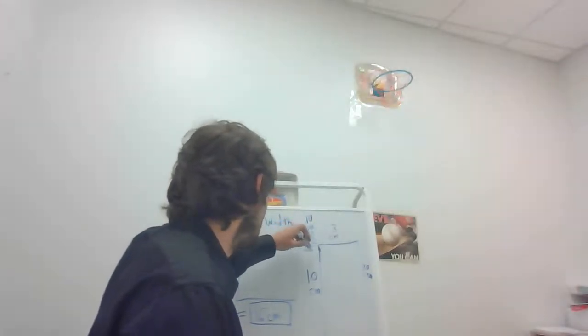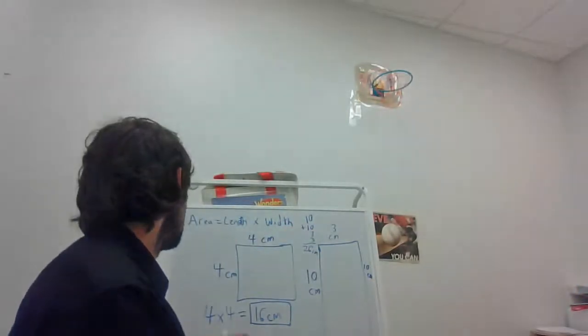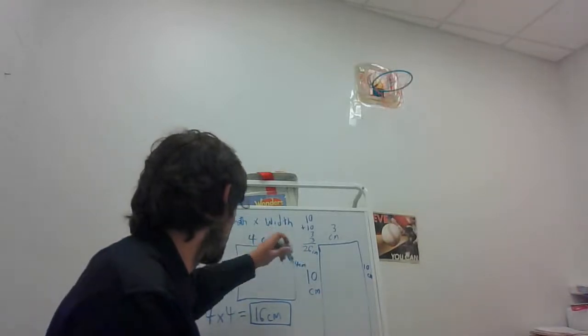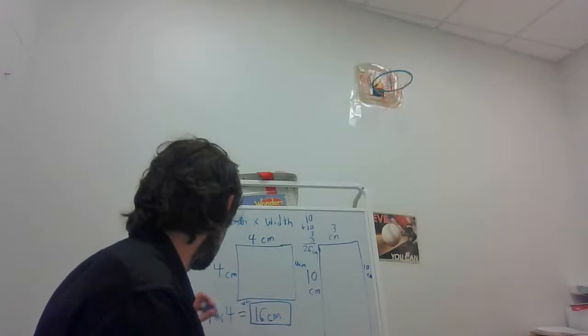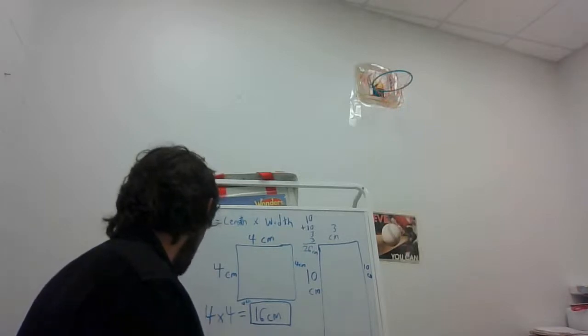So the perimeter would be 26 centimeters for the rectangle. For the square, since all 4 sides are equal, all 4 sides are 4 centimeters, you're going to add 4 plus 4 plus 4 plus 4. So you're adding the number 4 times.